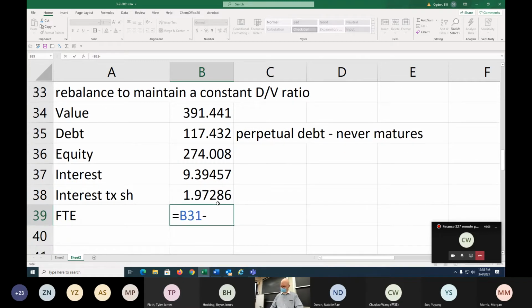None. You want to put 0 there just as a placeholder? Sure. Minus the interest plus the interest tax shield. You get that? It's not a time to follow, it's a time to generate. Don't just follow me. Anyone can do that. Generate it.